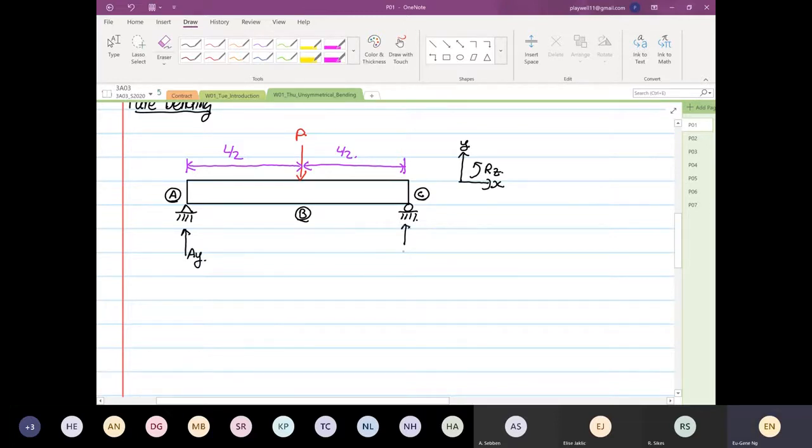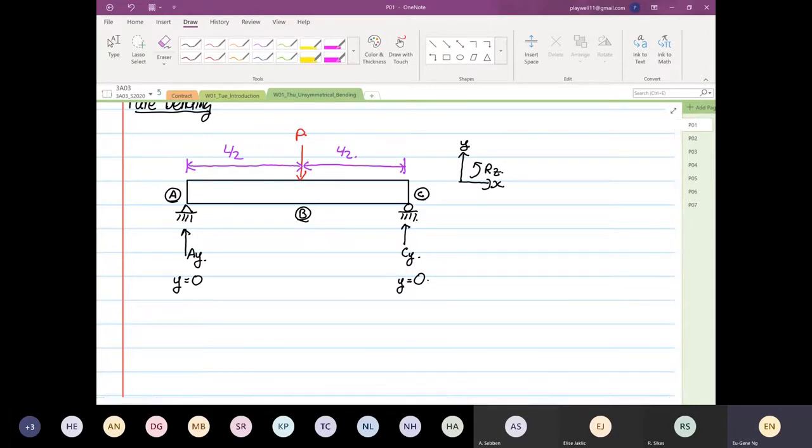Why do we have reaction forces at point A? Because Y displacement is equal to 0. At point C, Y displacement is also equal to 0. If you restrict motion, you will have a reaction force.